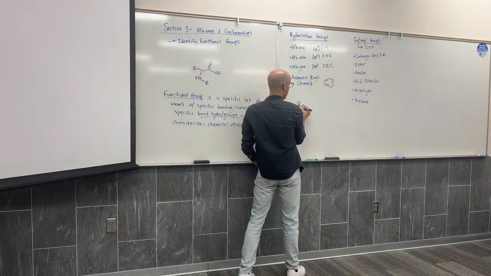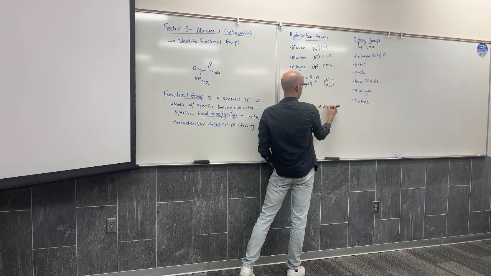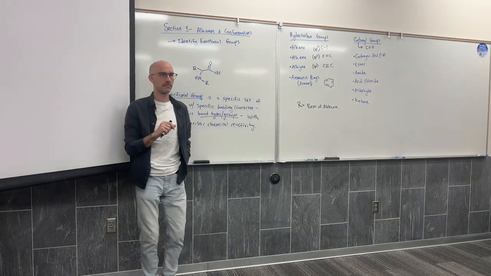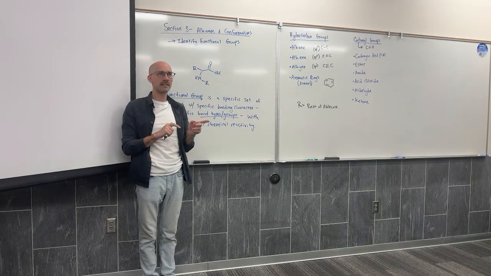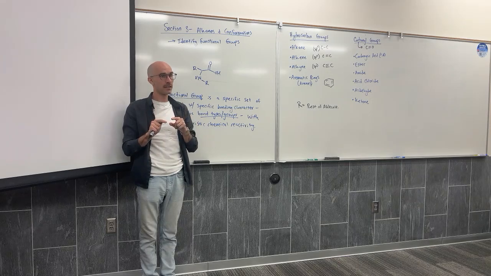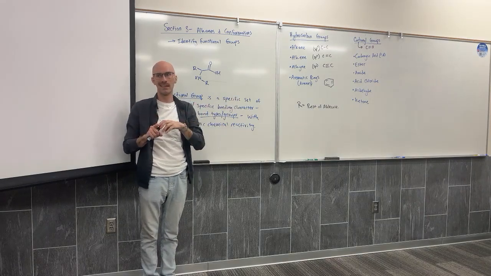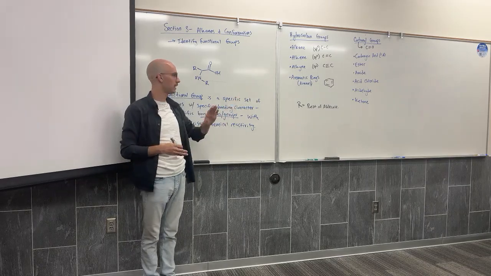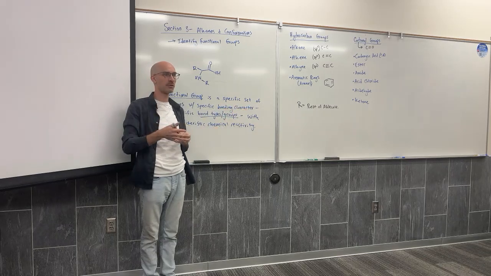Most people like to say that R means rest of the molecule. Who cares what it is? It's just everything else. Some people like to say that R is specifically a carbon group. It has to start with a carbon, and then it can be anything. But rigorously, in the field of organic chemistry, R is just used as a placeholder. Substitute it for whatever you want.